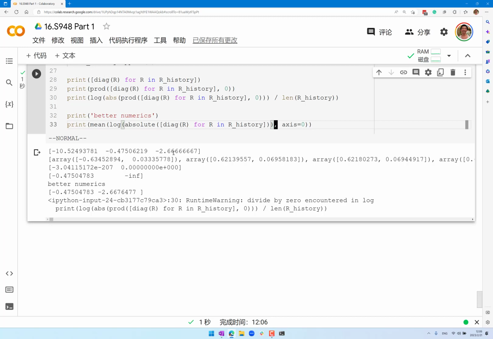Okay. Any questions on this? Yeah, I guess the mean is also like the sum and then divided, right? Or is the improvement now taking the log? Yeah, the primary improvement is taking the log before switching the log and the product.